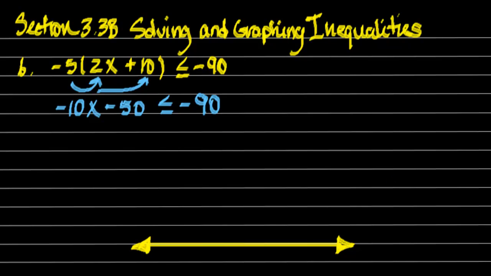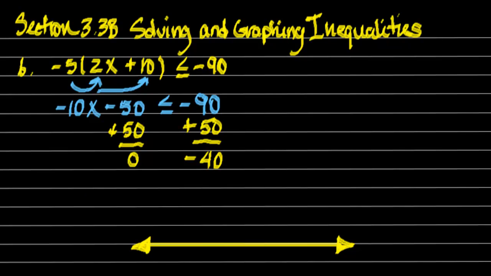We can see over here that we have a negative 50, so I'll take the inverse of a negative 50, which is a positive 50. I will do that to both sides. That goes to 0, and negative 90 plus 50 will give me a negative 40.